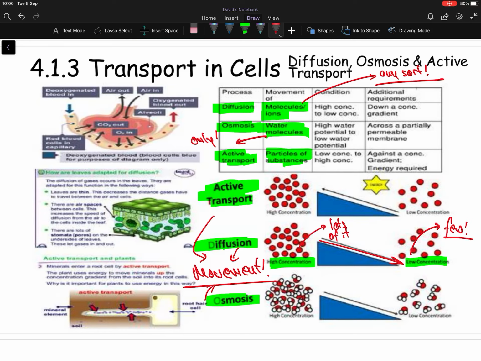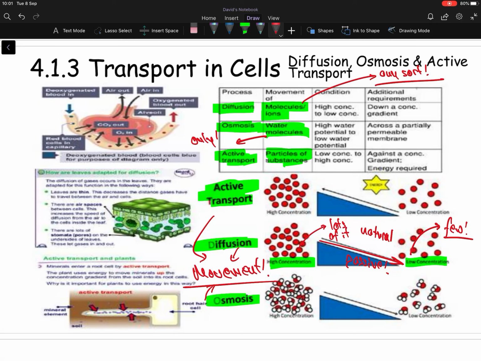And it is a natural process and it's passive, so it doesn't require any energy. So it might be, for example, substances that diffuse from within your small intestine, nutrients and food that you take on board into your bloodstream in order to be carried around the body.